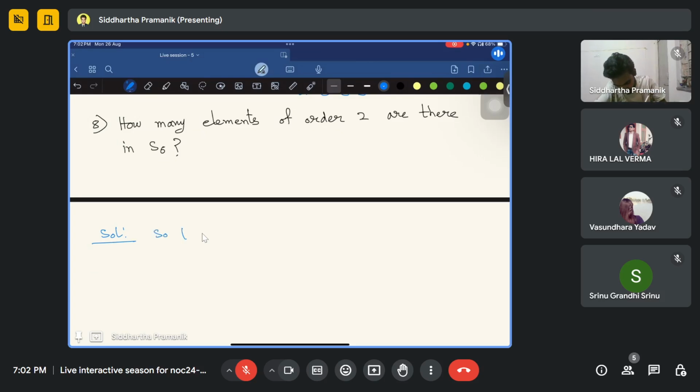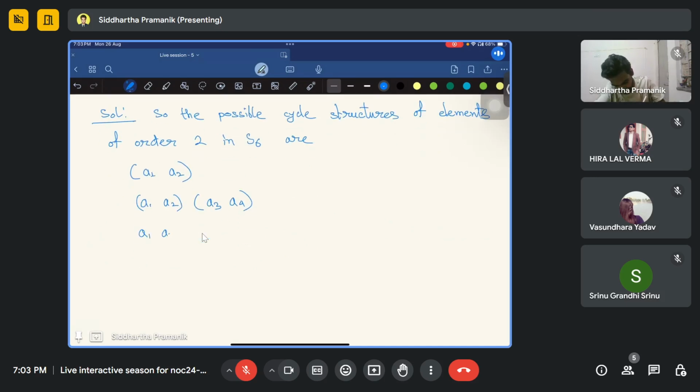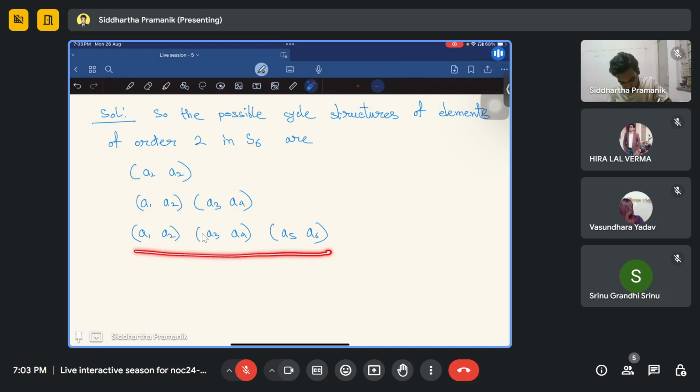So it can be a 2-cycle, it can be a product of two disjoint 2-cycles, and it can be a product of three disjoint 2-cycles.